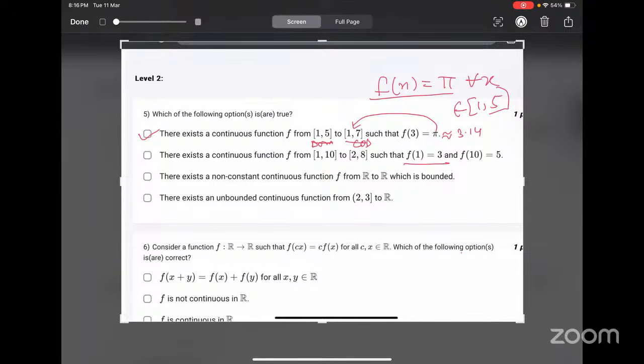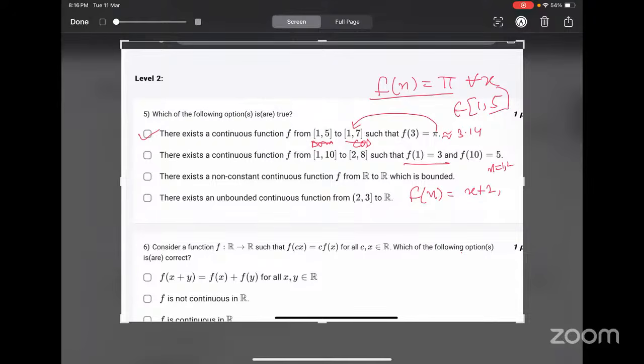Because we have x plus 1 equal to 3 already given. So x plus 2. If I give 1, it will be 3. If I give 2, it will be 5. If I give 3, it will be... So can we take f of x equals x plus 2 when x is between 1 and 2?